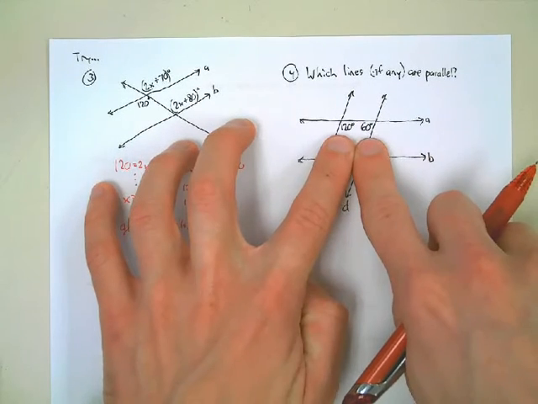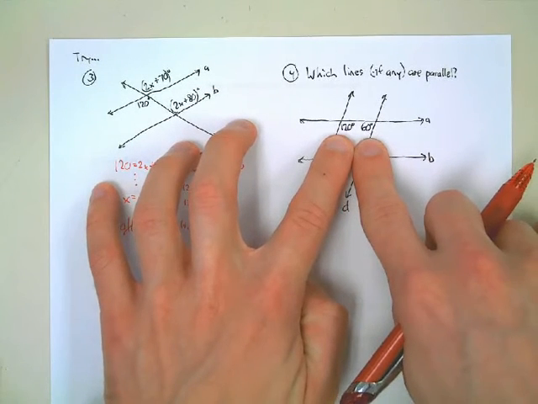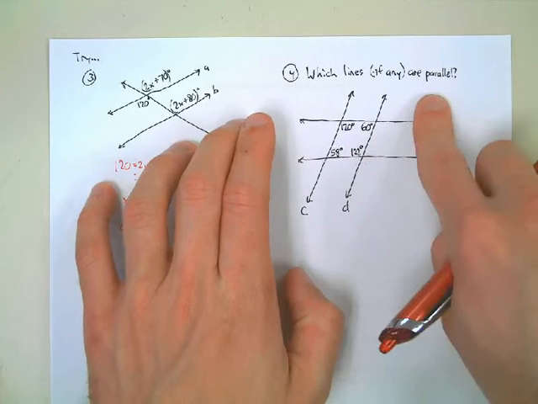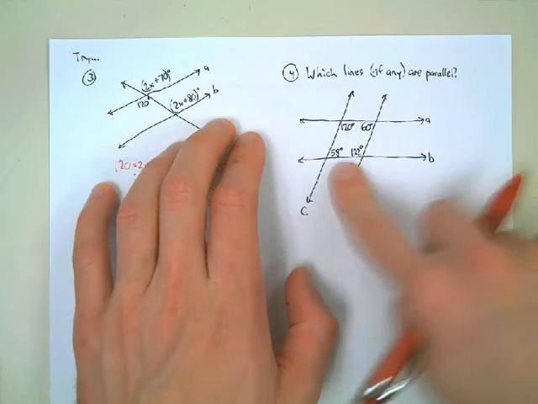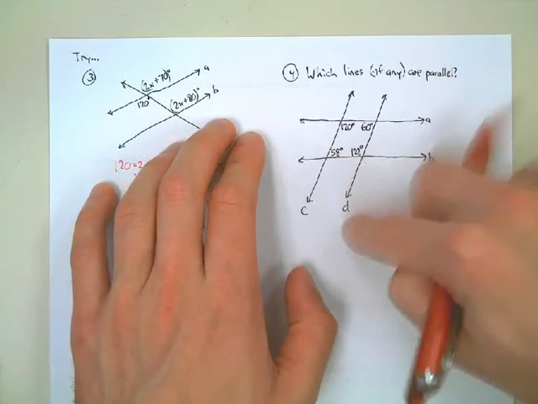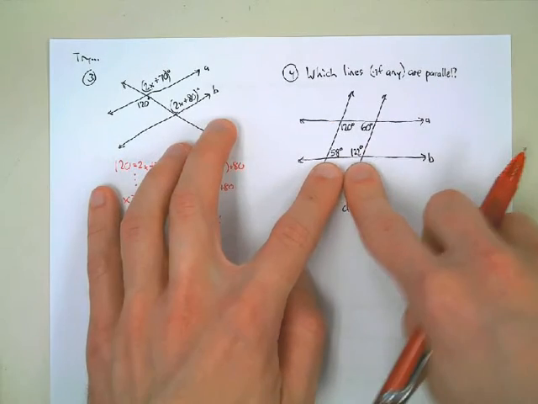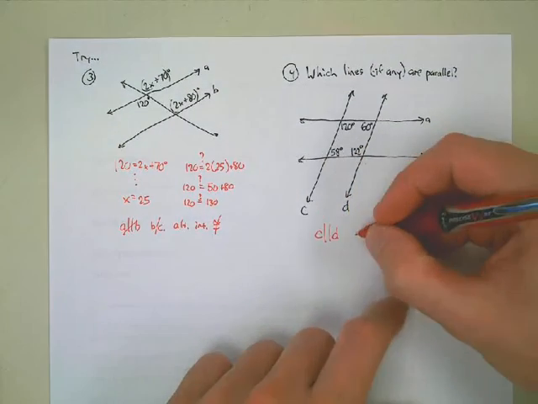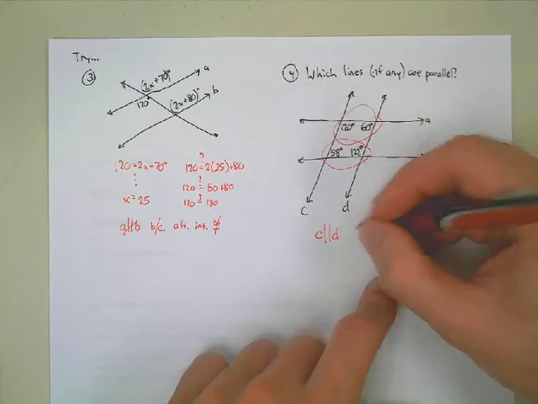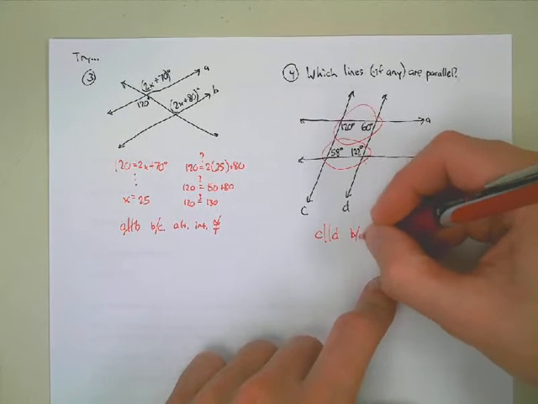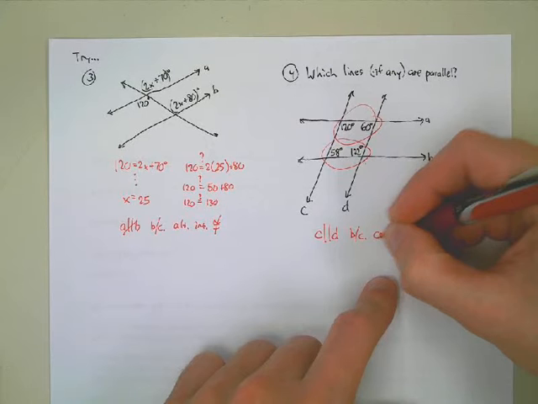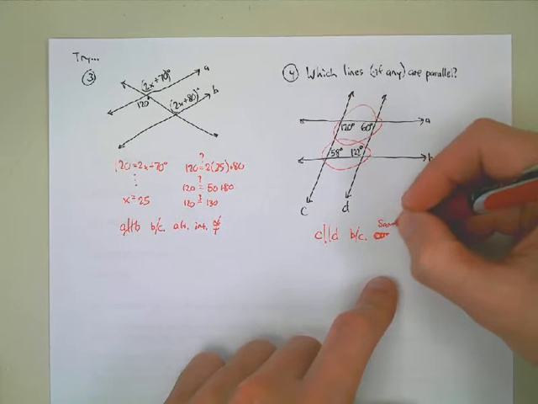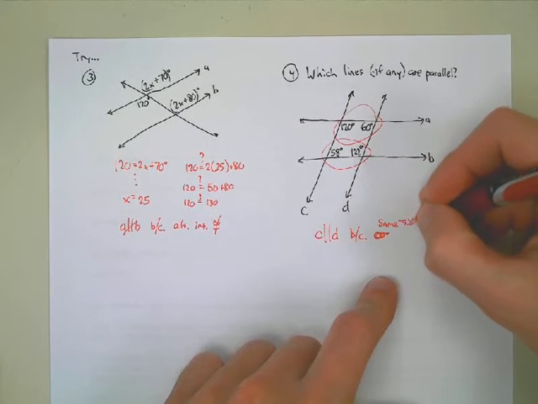Or if we ignore line A and we treat B like the transversal and CD like our parallel lines, again, co-interior angles are supplementary. So yeah, C is parallel to D, okay, because they're co-interior angles there, or same side interior angles are supplementary.